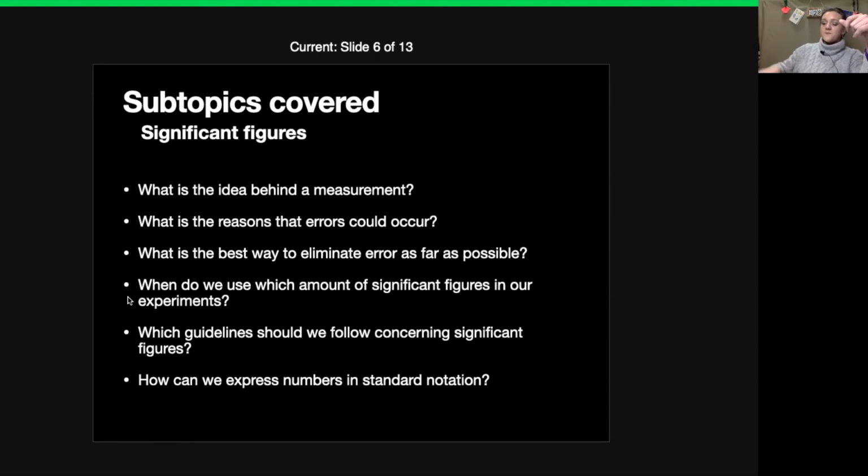So you will say your answer has to be to the first decimal. It has to be rounded up to the first decimal. But if you have a more accurate instrument, then you can use more significant figures after your decimal. So you can add maybe 2, 3, 4, 5, 9, however many, due to the accuracy of your instrument.